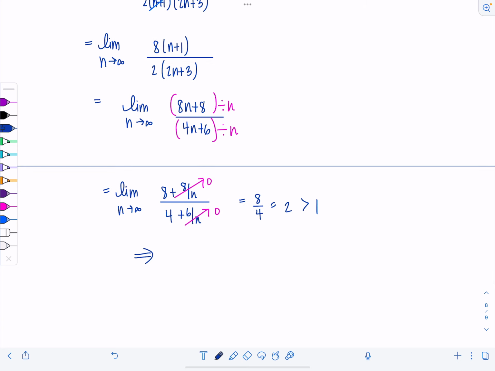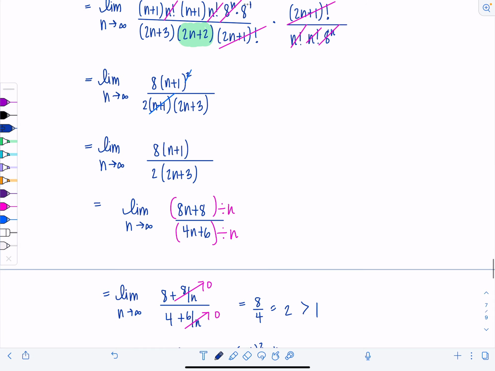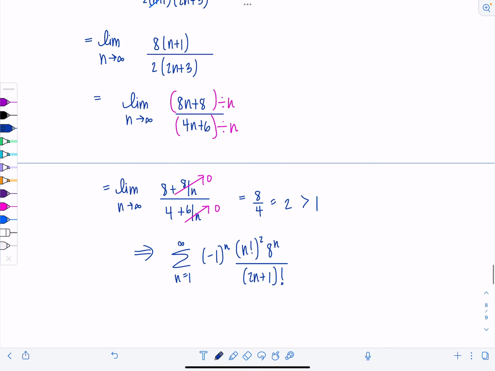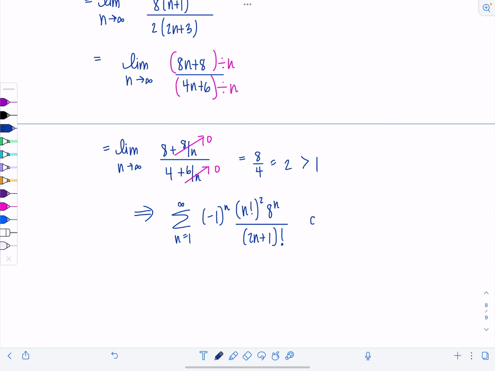So that tells me my original series, the sum n equals 1 to infinity of (-1)^n, what was it? (n factorial) squared times 8 to the n over (2n+1) factorial. Did I remember it correctly? Let's check. Oh my God, I'm good. Okay. What does that tell me? This guy diverges.